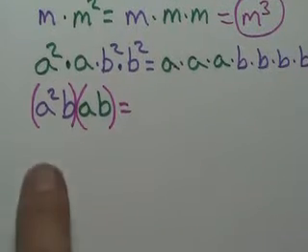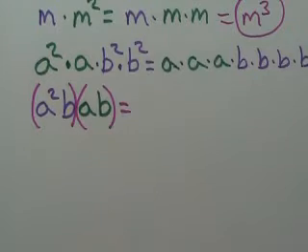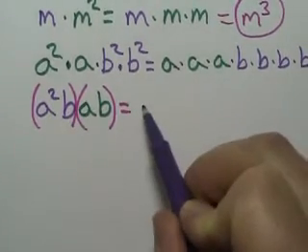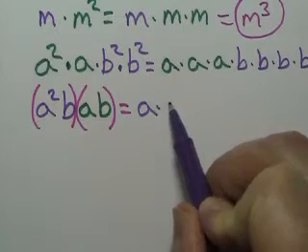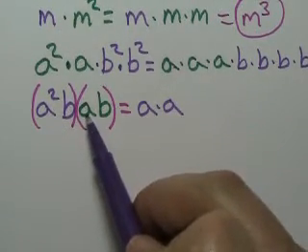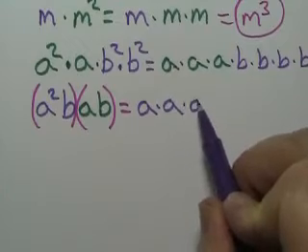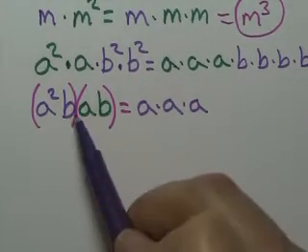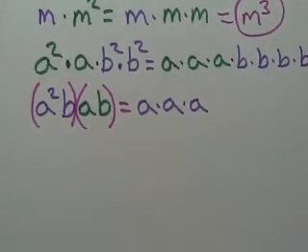Now sometimes they may have parentheses like these. No problem. So what we'll do is a squared, that's 2 a's. Now I'm going to rearrange things a little bit. There's 2 a's there, and I also have another a. So I'm going to put that right here. And then I have a b and a b.